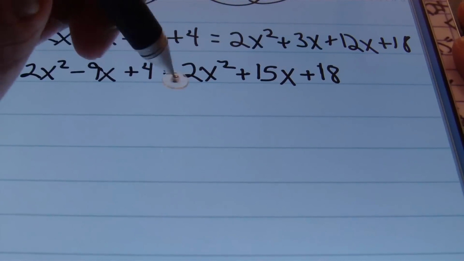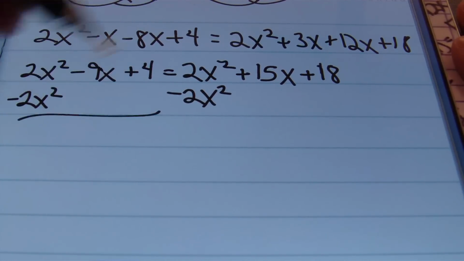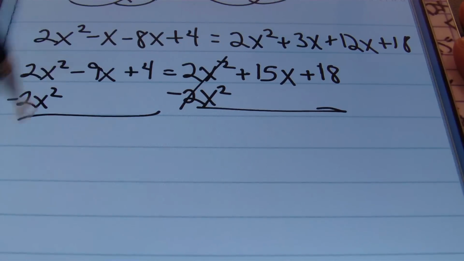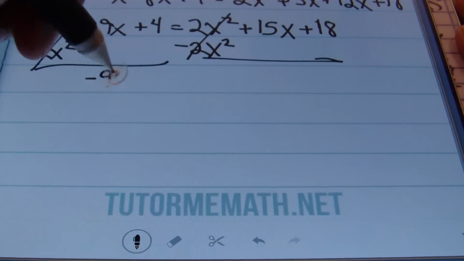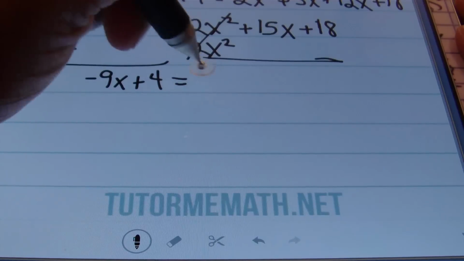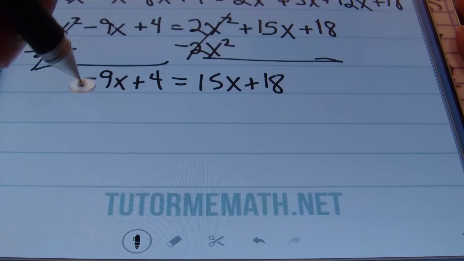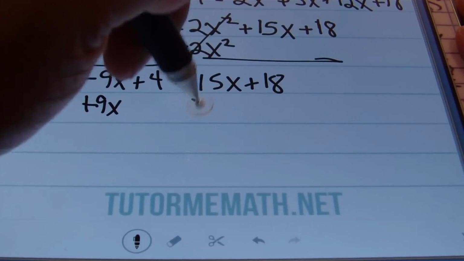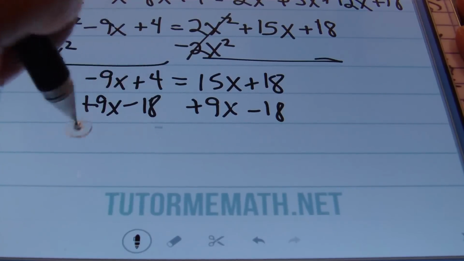All right. So I'm going to subtract 2x squared from both sides of the equal sign. And that means that the 2x squared is going to cancel out altogether, bringing down the negative 9x plus 4, which is equal to 15x plus 18, by the way. We'll solve for x by adding 9x to both sides, and if you'll permit, I'll go ahead and subtract 18 from both sides at the same time.